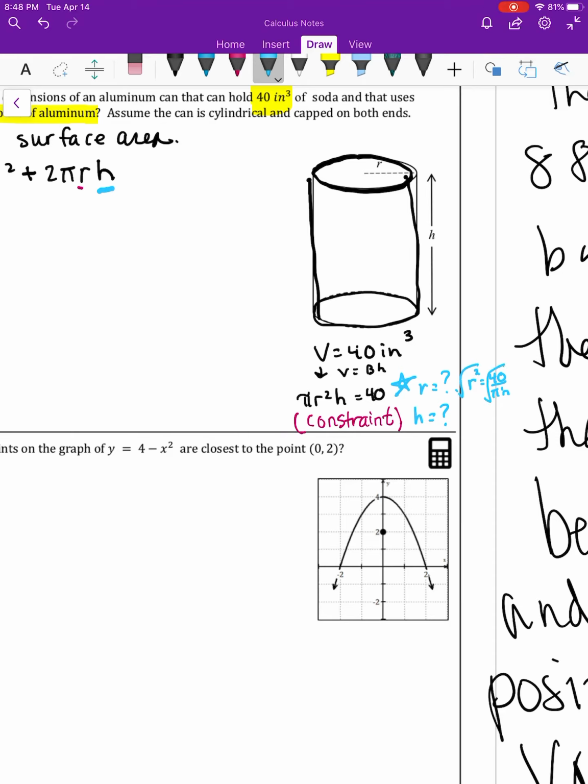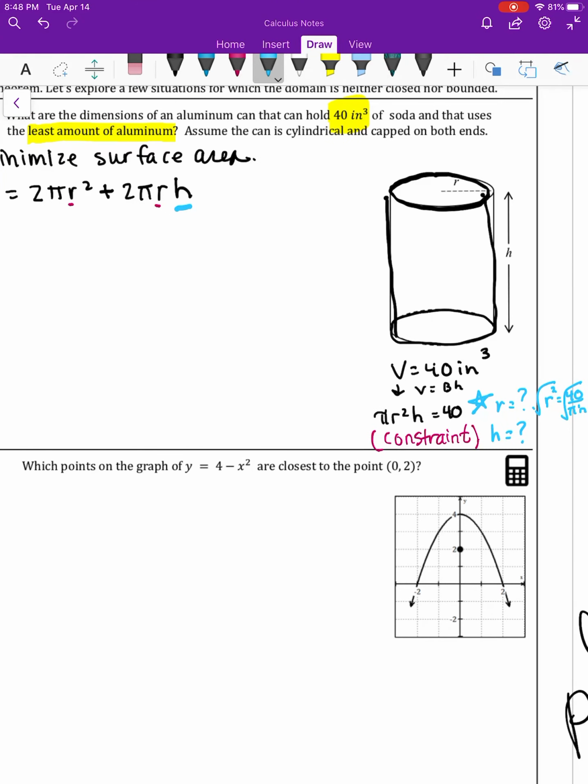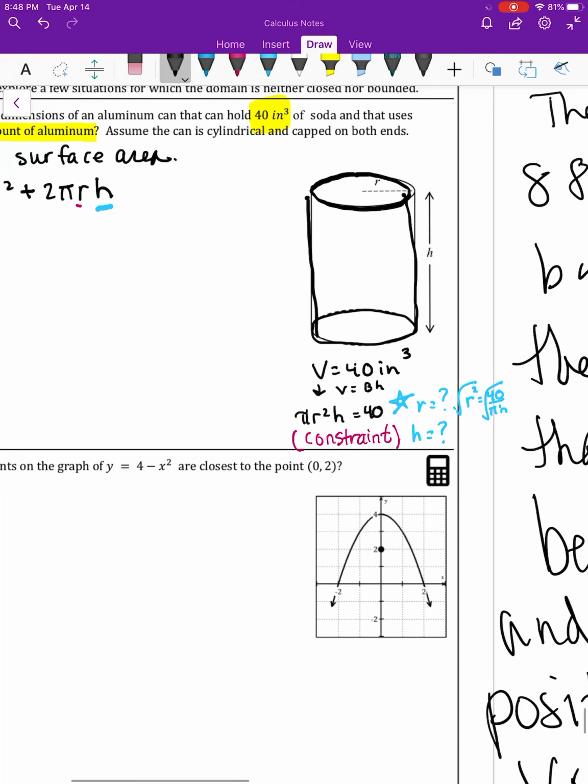If you were going to solve this for r, you would divide 40 by pi and h, and then you'd have to take the square root, because you've got r squared. You wouldn't need the square root for this r squared, but you would for this other one.